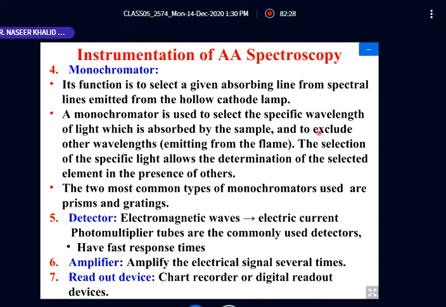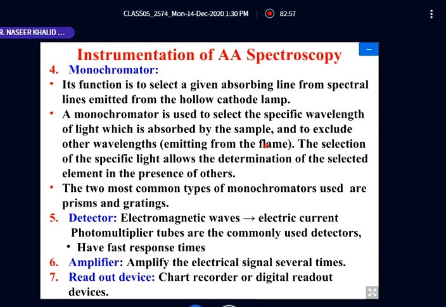It will exclude the wavelengths which are emitted from the flame. For example, say we are measuring copper. When copper is in the flame, there are so many reactions. It will be excited, and it will be de-excited.